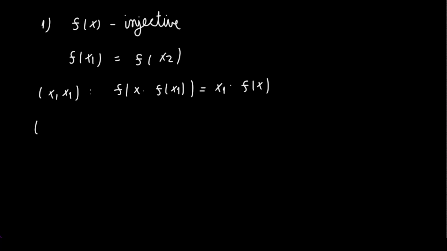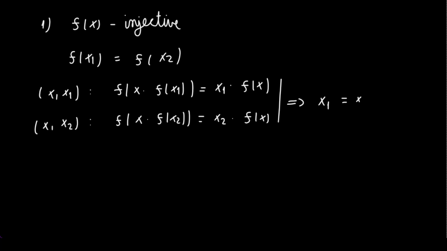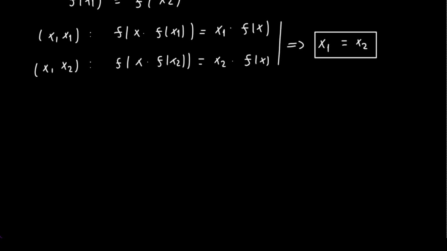When I consider x and x2, I will have f(x f(x2)) is equal with x2 times f(x). From this it is going to result that x1 is equal with x2.